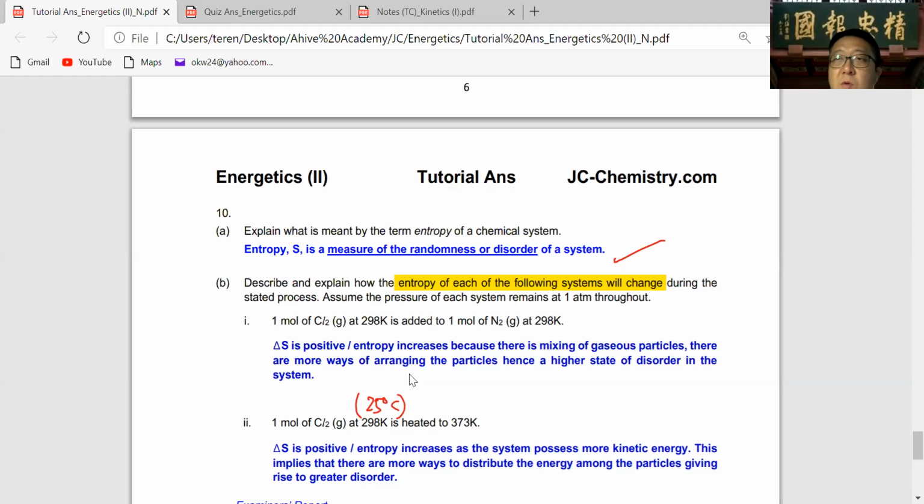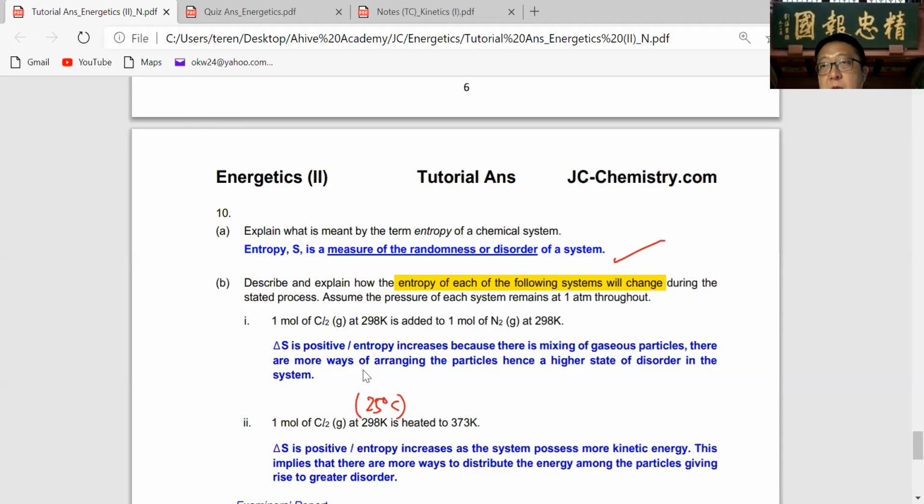Even if you don't know whether it is chlorine liquid or chlorine gas, it's still an increase in entropy, right? From a liquid to a gas is an increase in entropy. So the conclusion is still the same, but the understanding you must take note. When you describe, they are talking about gaseous particles gaining more energy, not just a change of state.